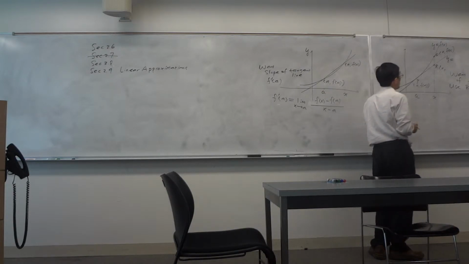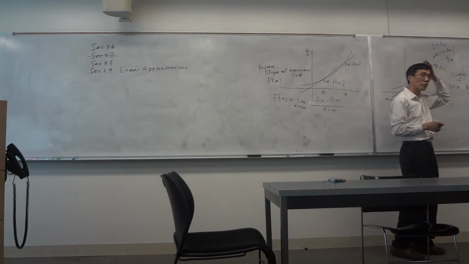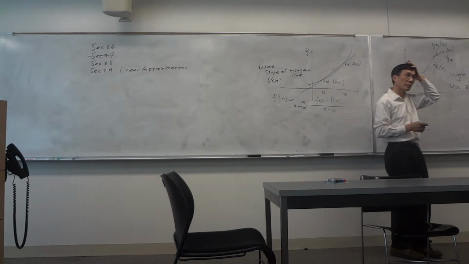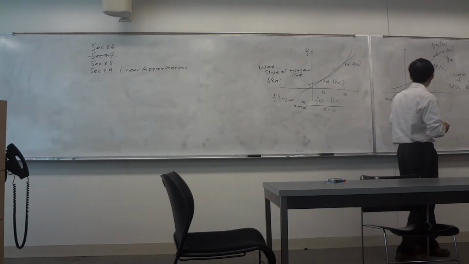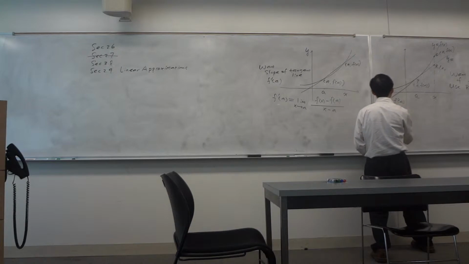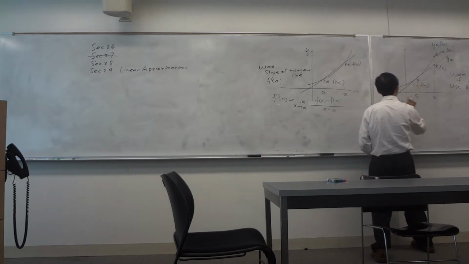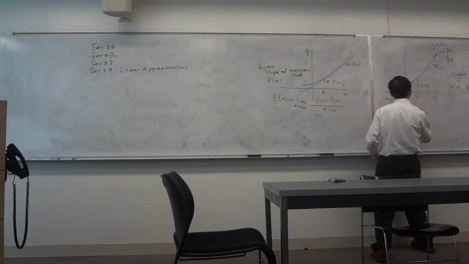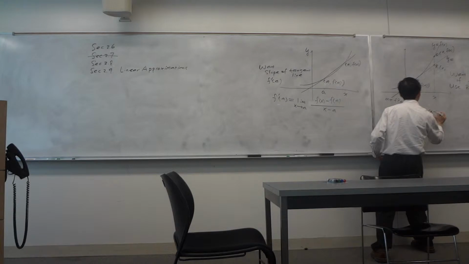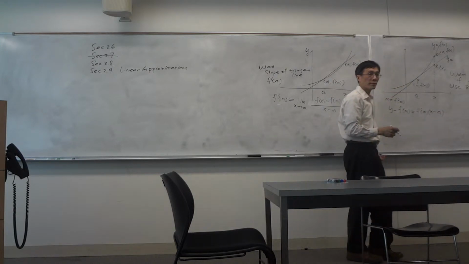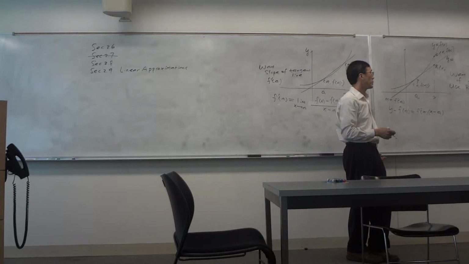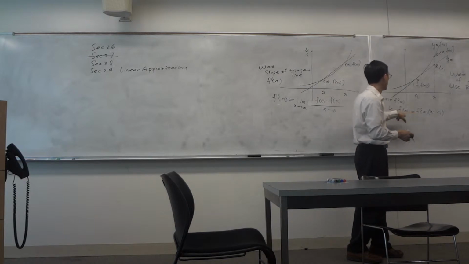Given that, we should be able to write down the equation. The equation would be y minus y0, which is f(a), equals m, which is f prime of a, times x minus a. Are you with me? Therefore, y equals that plus f(a).